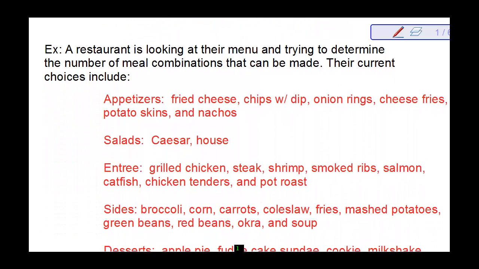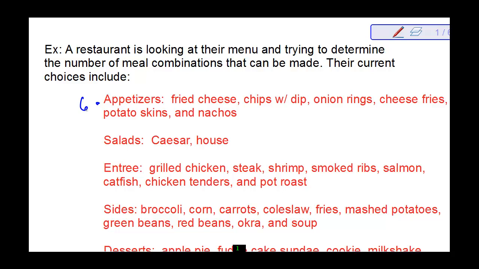We want to look at a restaurant that is looking at their menu and trying to determine the number of meal combinations that can be made. Their current choices include appetizers, which is fried cheese, chips with dip, onion rings, cheese fries, potato skins, and nachos. So there's 6 different appetizers.